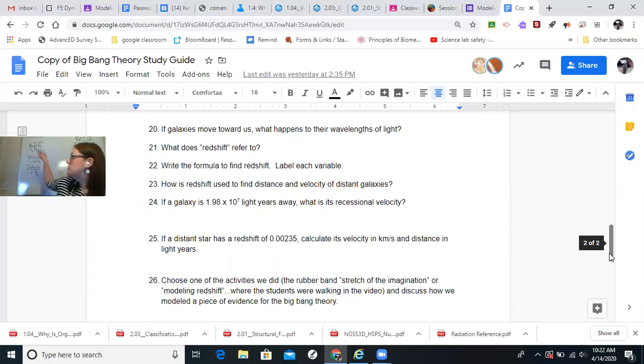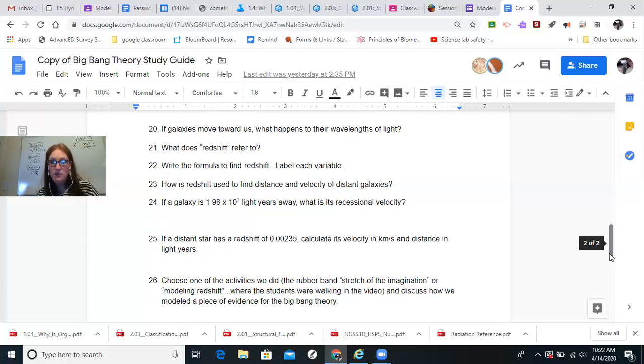But then you just use these formulas that are behind me here to find distance and velocity. So redshift has to be used to find velocity first, and then from that you can use it to find distance.